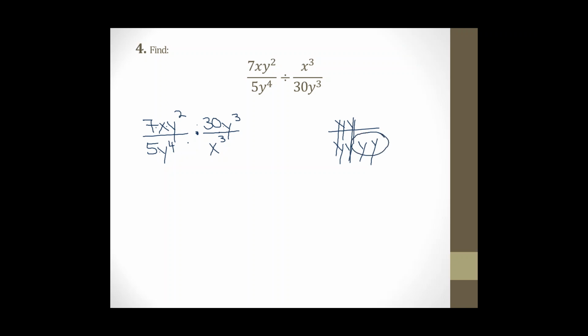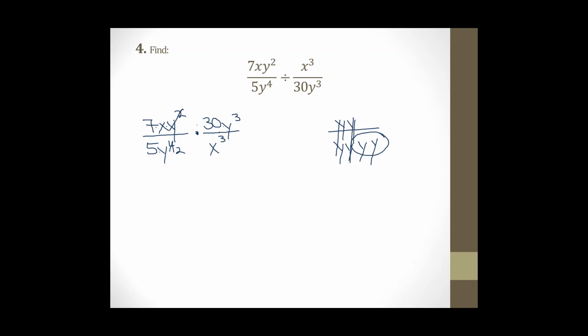But as the exponents get bigger, you should have a better rule than drawing it out. So the rule is you subtract them: 2 minus 4 gives you negative 2, and negative answers should go in the denominator. Like right here, you have 2 y's in the denominator. So I'm going to cancel these out. This y is gone all the way, and here I'm left with 2 of them.